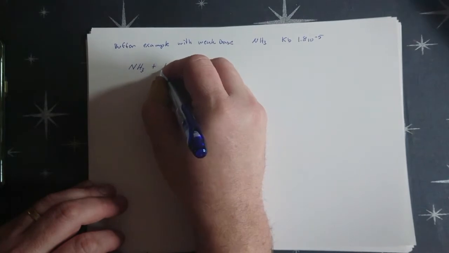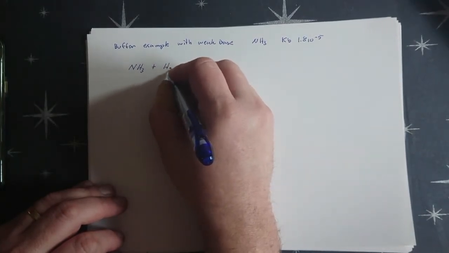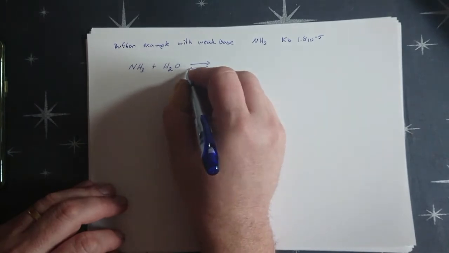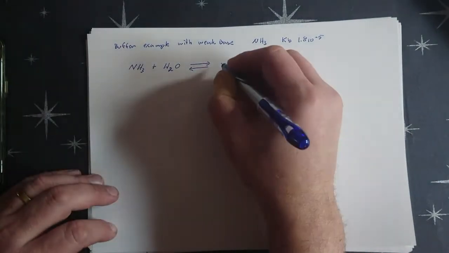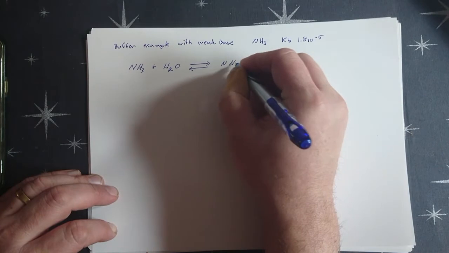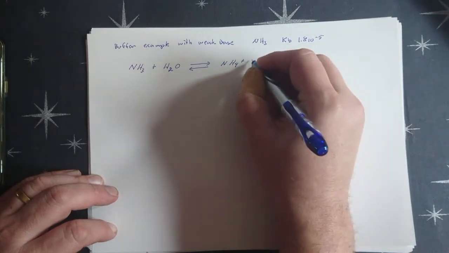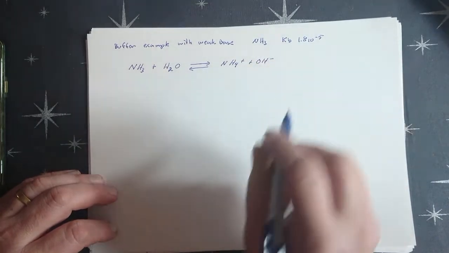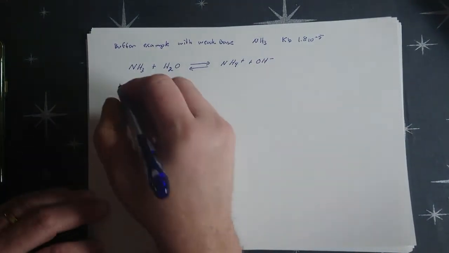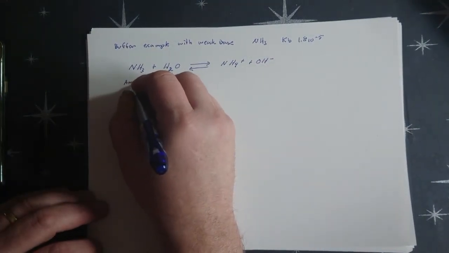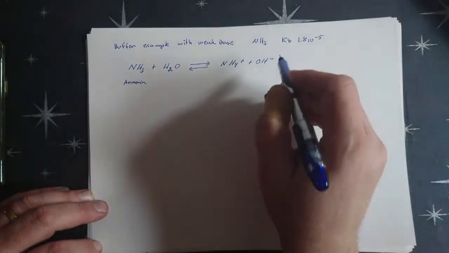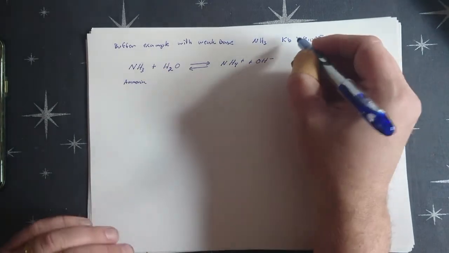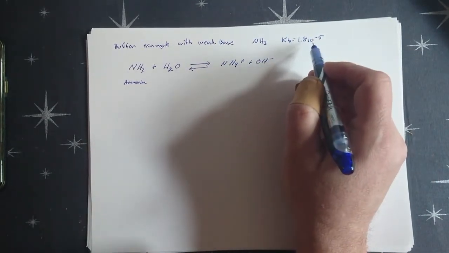So a base, basically, the model that we have for how a base works in water looks like this. I'll just write the whole thing out first, and then we'll talk about it in just a second. So this is ammonia, which is a weak base, and you can see that from looking at the dissociation constant.